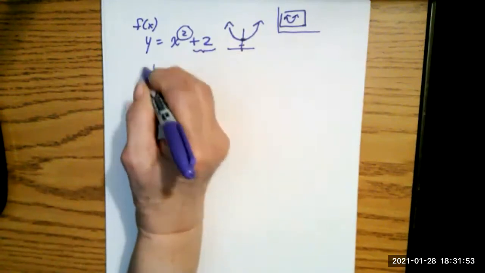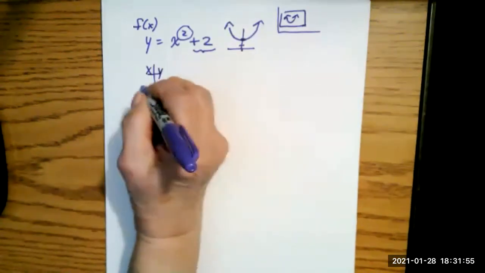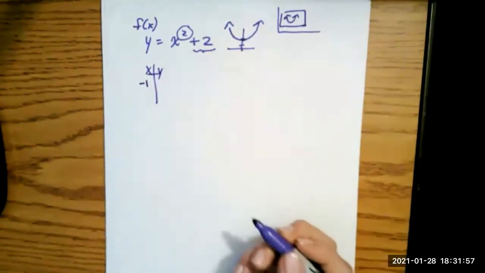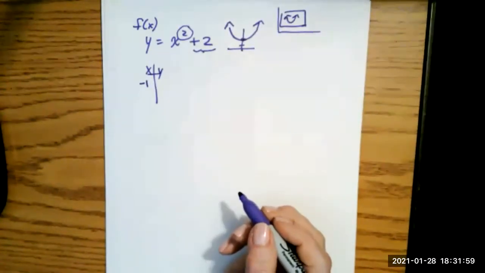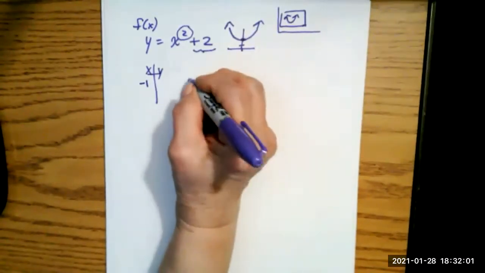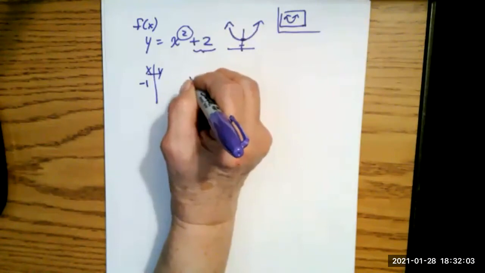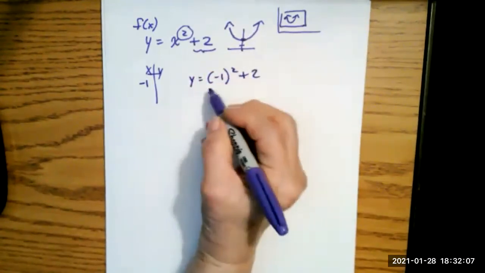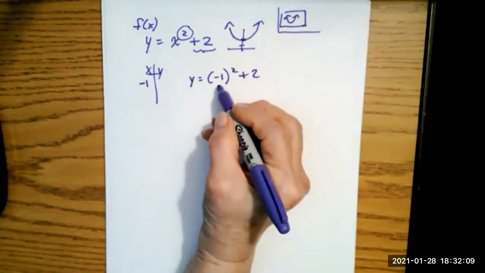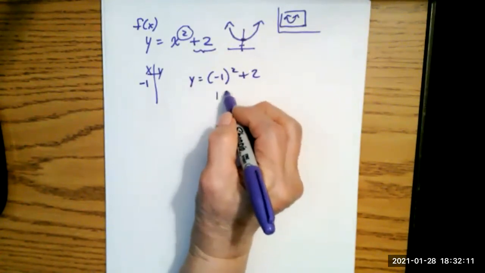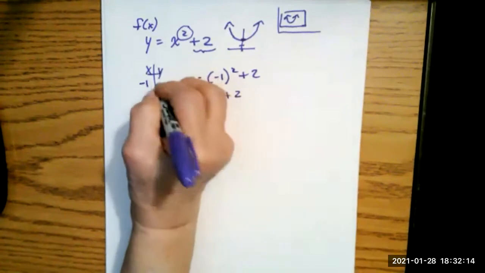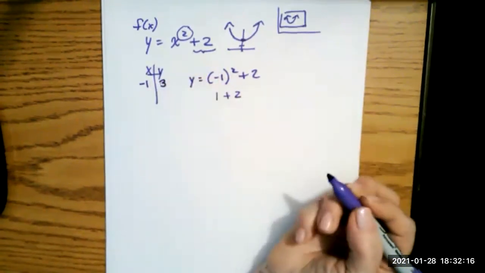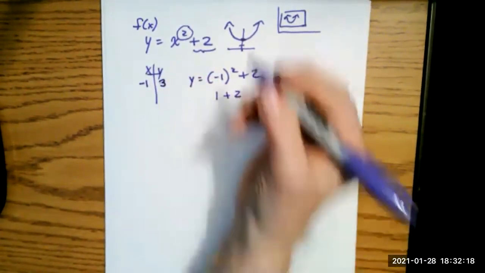So when you put in your ordered pairs, let's try some negatives, because I think some people are having trouble squaring some negative ones. So if you put in -1 and square it plus 2, you'll have -1 times -1, which is +1 plus 2. So that will be at the point 3. 1 plus 2 is 3.